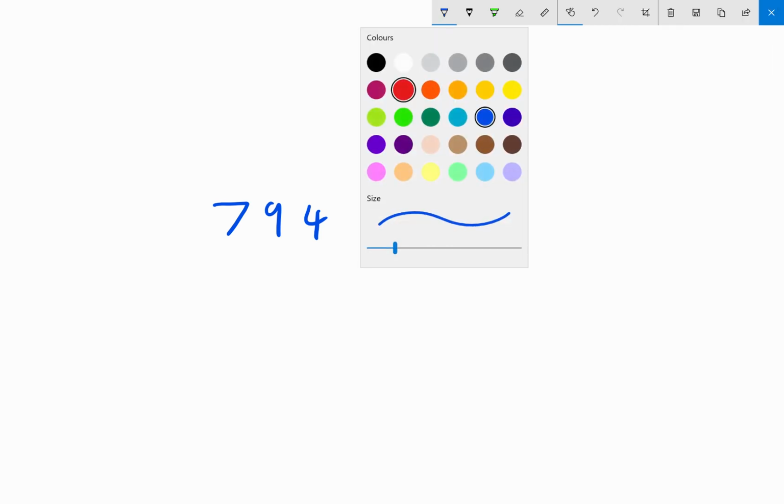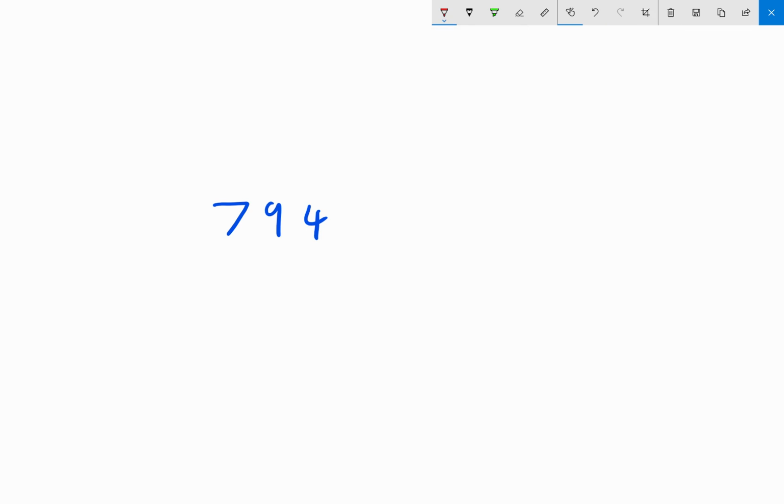If we look at a larger number, we can see that this one is made up of the digits 7, 9 and 4 to make 794. And if you remember back to your primary school maths, you will remember that the numbers in the first column are considered to be units, in the second column they are tens, and in the third column they are hundreds.